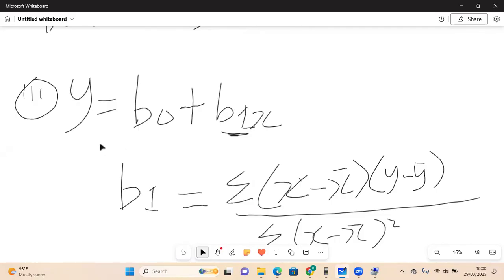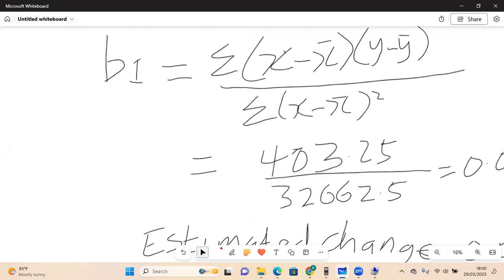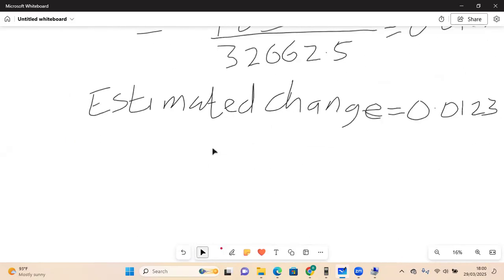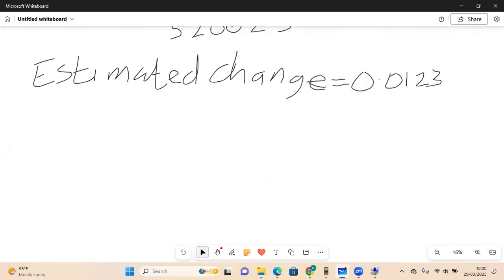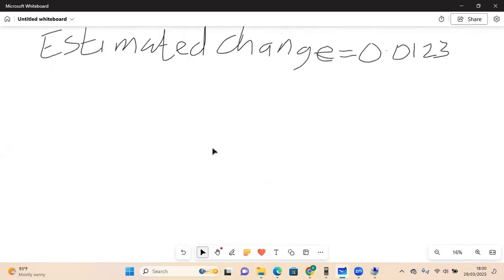If you want to get B0, we just have to take one of the figures we have in the question, replace Y and X, and then solve.